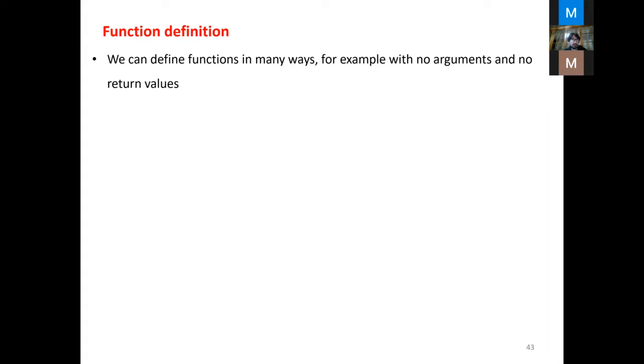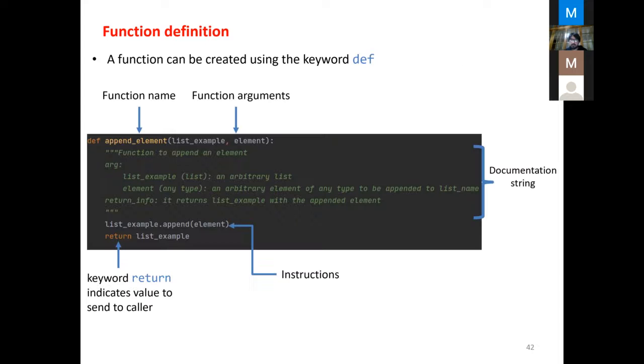Since the list is mutable, do we have to return the list example, or does it do the change for itself? It depends on the scope that you're using, and we will see. If this is defined inside a specific class, then it won't change outside of that class.